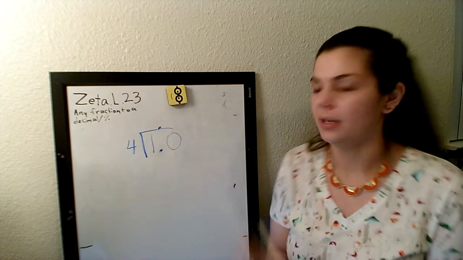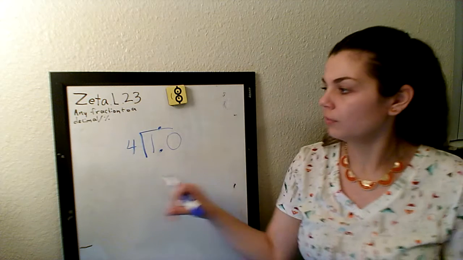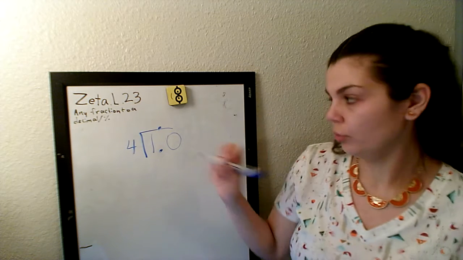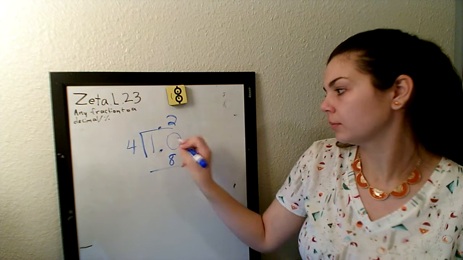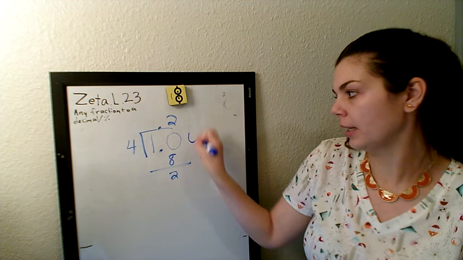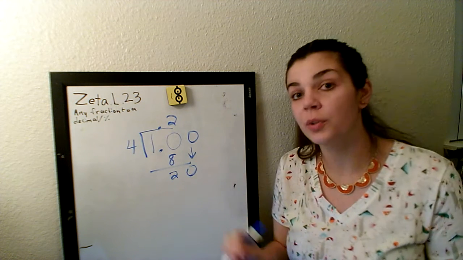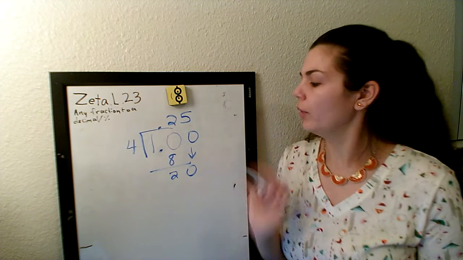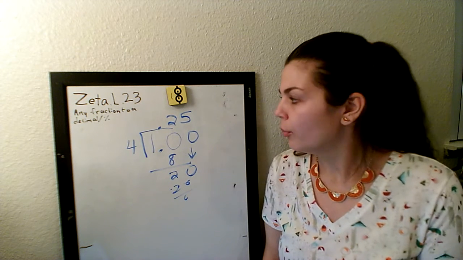Now we know immediately this is going to be a decimal. How many 4s go into 10? 2, which is 8. I can add as many zeros as I need to. Drop my 0. How many 4s go into 20? 5. 0.25, and yes, my problem is over.